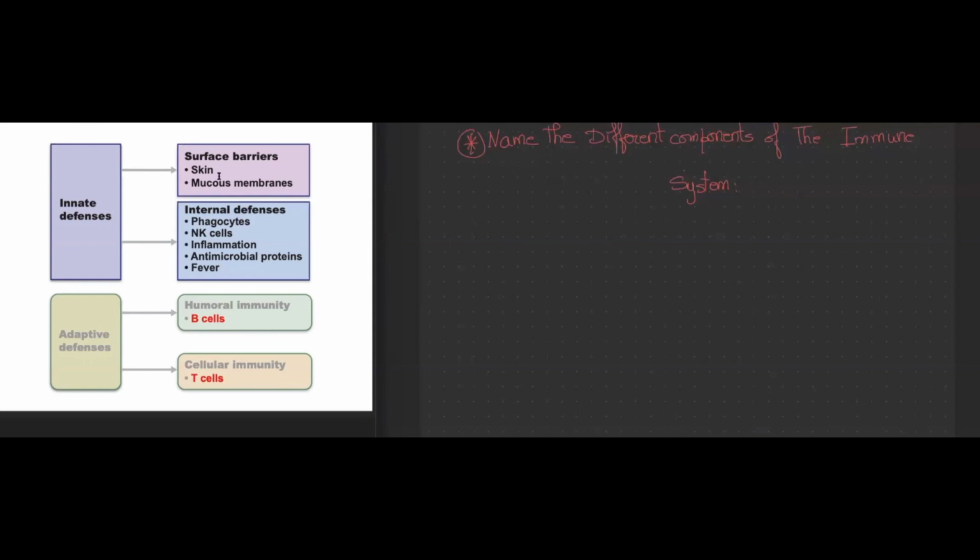So for example, you put one, skin, mucous membrane, two, phagocytes, natural killer cells, and so on. This is how you're going to put down the answers: 1, 2, 3, 4, 5, 6, and so on.